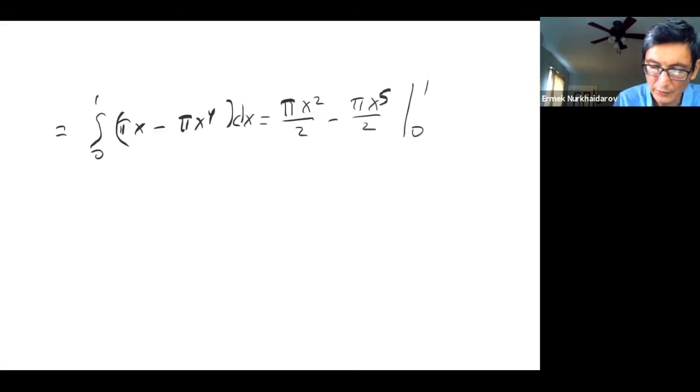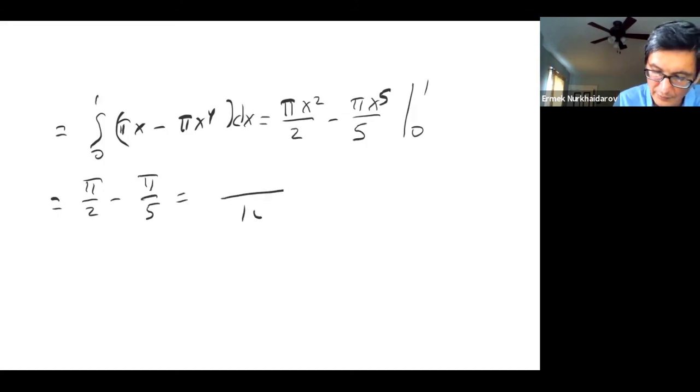We do it from 0 to 1. Then pi over 2 minus pi over 5. Should be 2 here, it should be 5 there. Common denominator is 10. So we have 5 pi minus 2 pi. So we're going to get 3 pi over 10.